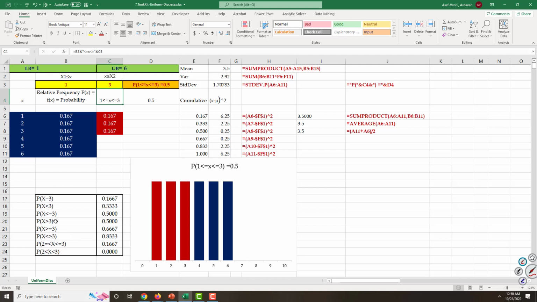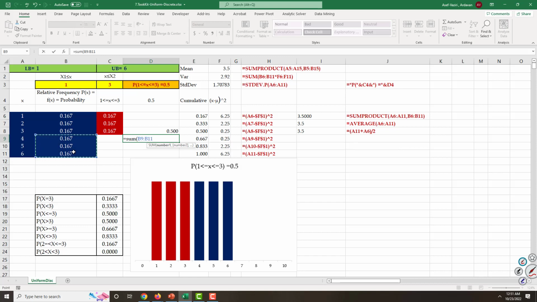X greater than 3 is indeed 1 minus x less than or equal to 3. I have this probability equal to 1 minus summation of these 3. That is probability of x greater than 3. Or I can just go here, equal to summation of these 3.